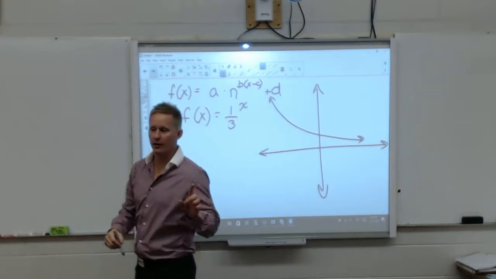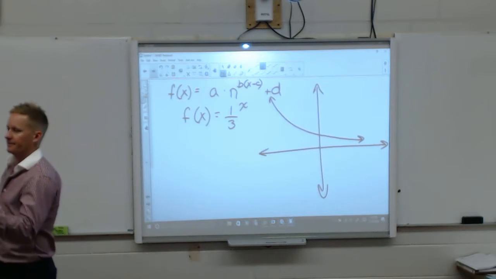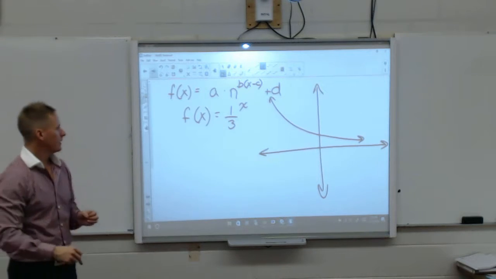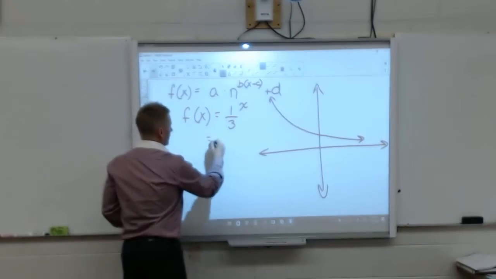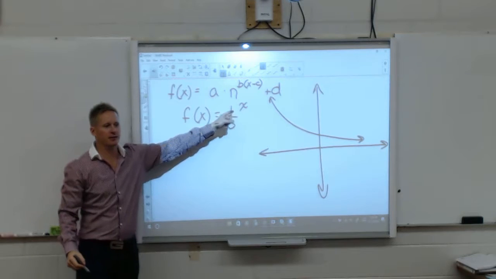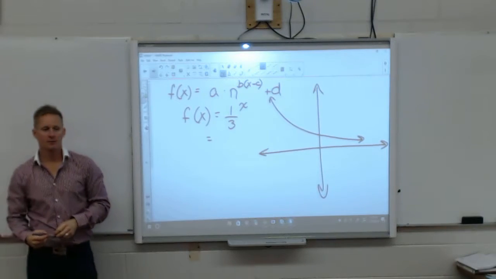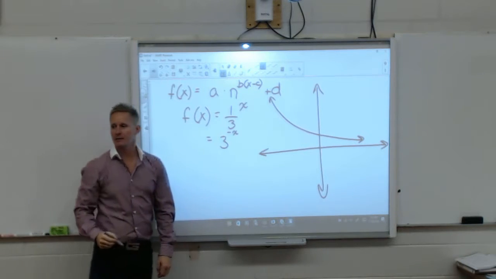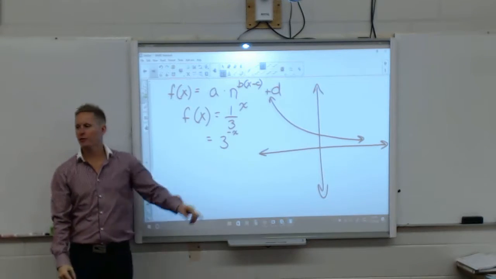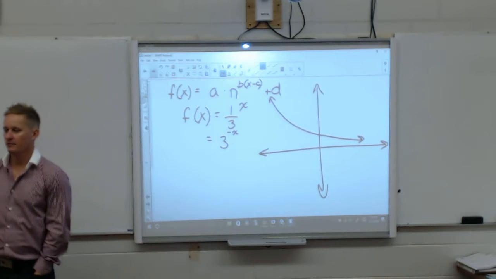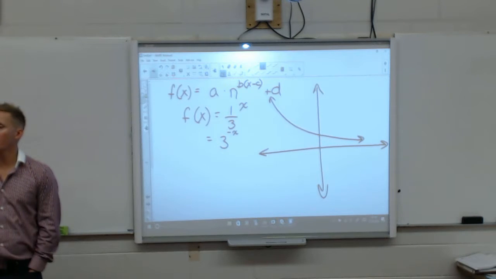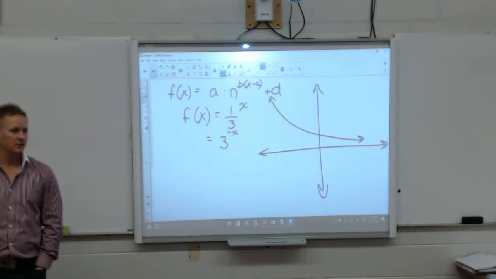It's a decreasing value. But without graphing it, I could determine this. Want to know why? Watch here. How do I rewrite this in which that 3 is on top of that fraction? I change it to 3 to the negative x. So now where is my negative located? Directly in front of the x value, which then means it changes all the x values.